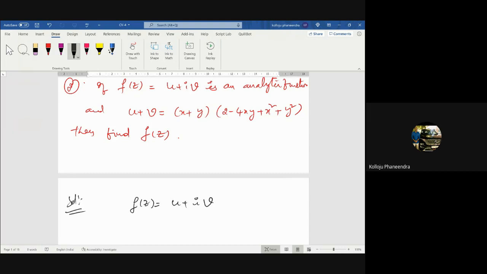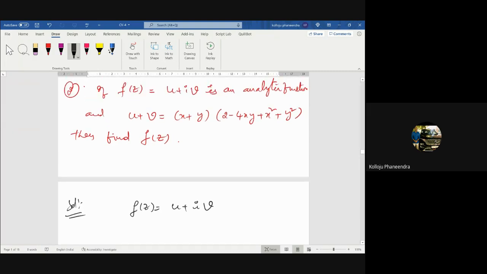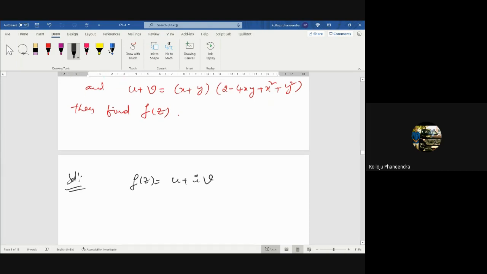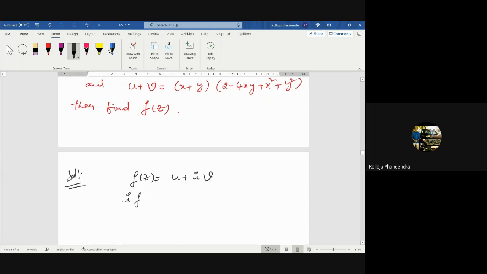Done. And u plus v is given now. I will multiply this by i. Then what is this? iu minus v. Okay, see the logic. In the textbook, a different way is given, but let me simplify in a simple manner. Anyway, I will tell two methods also.